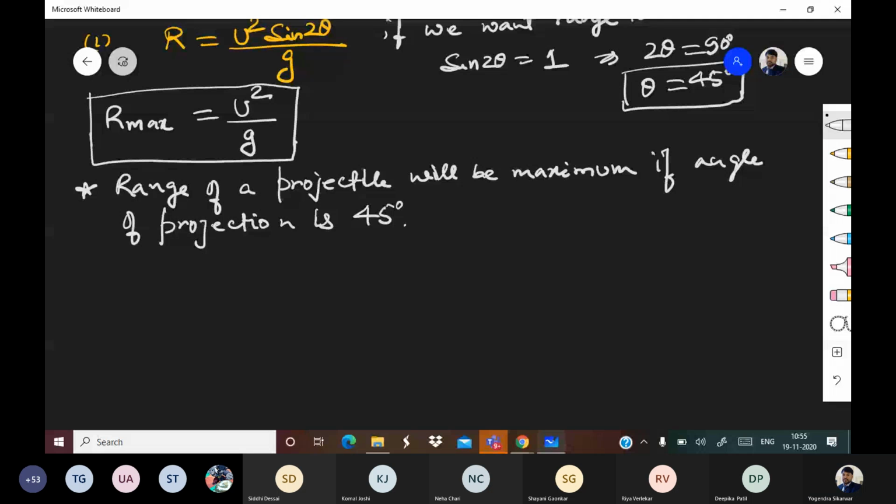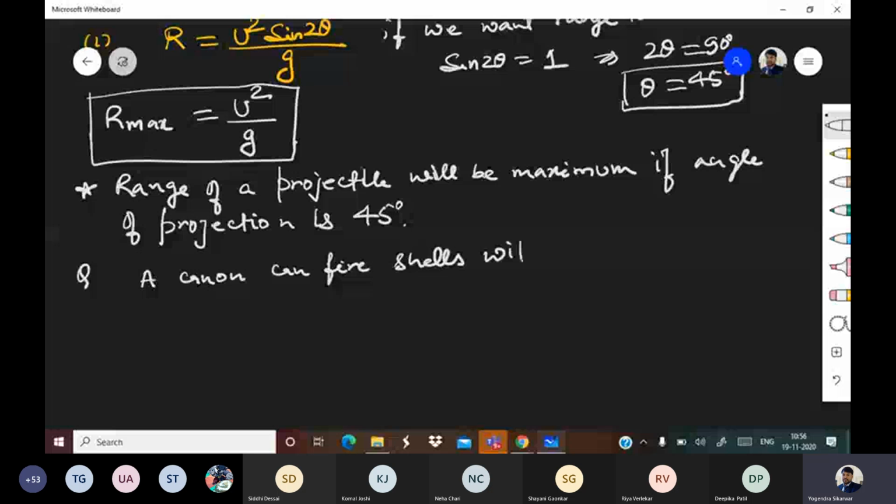Question. A cannon can fire shells with speed u meters per second.